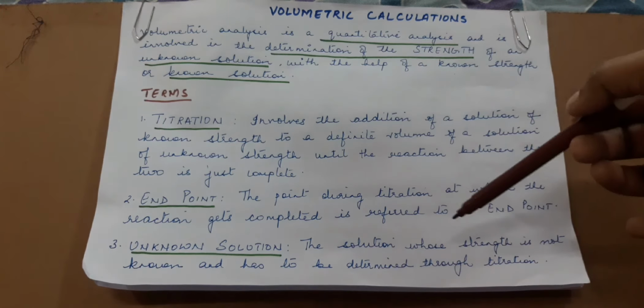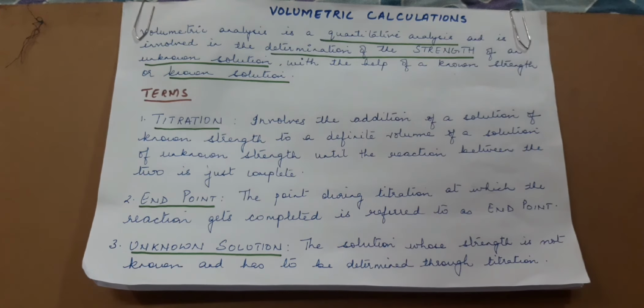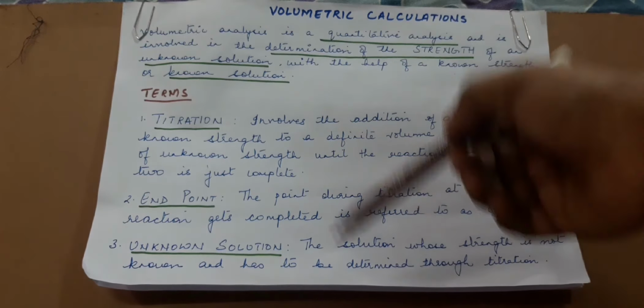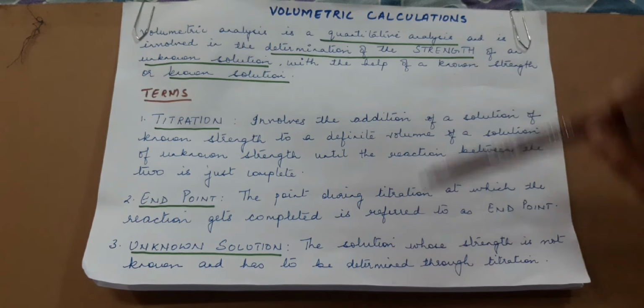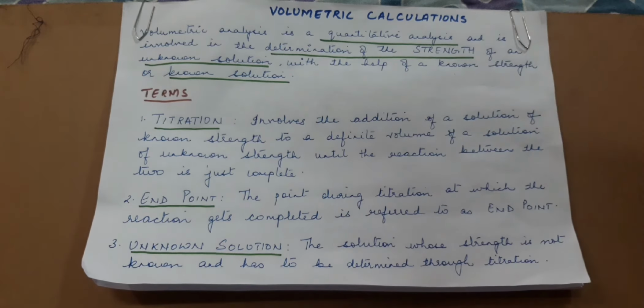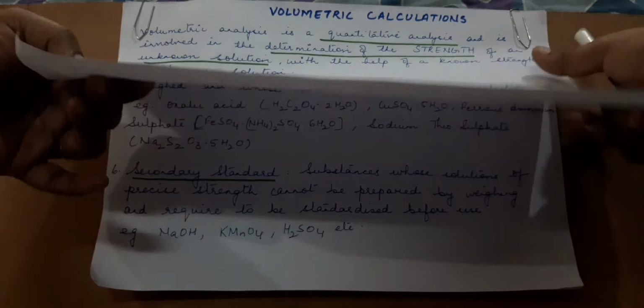Here known and unknown differ with respect to strength, with respect to concentration. Strength or concentration means how much solute is present in that particular solution. So if I have an unknown solution whose strength I do not know, I will calculate it using the process of titration. So the three terms: titration, end point, and unknown solution.